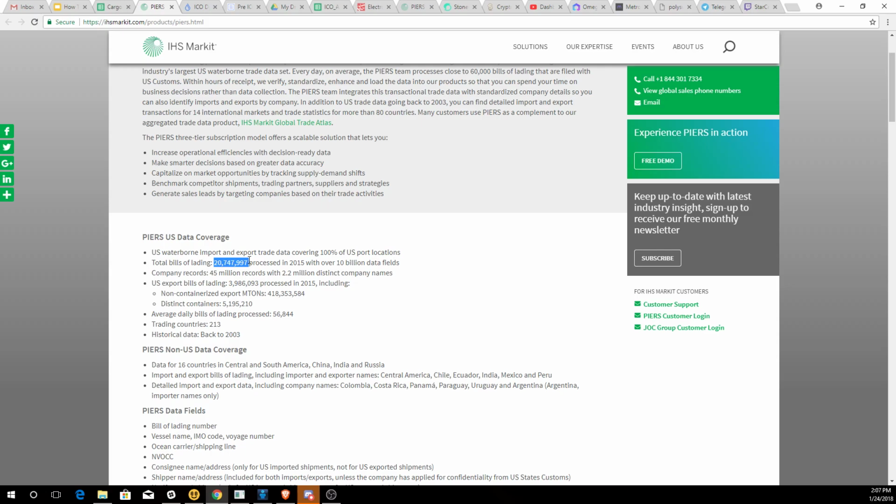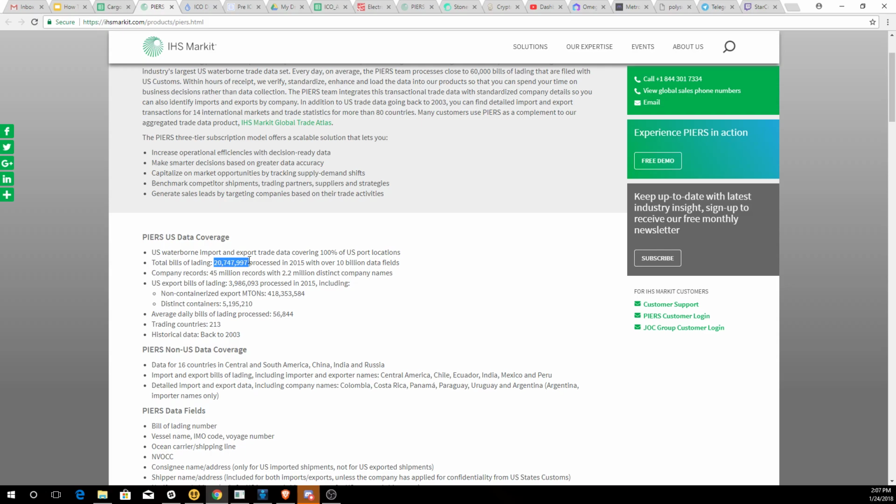That's roughly $2.5 billion if you go by a $100 calculation per bill of lading. That's in the US alone in 2015. So you can probably bet that that number has increased because it's 2018 now. And on top of that, you can probably double it for the rest of the world. So 2.5 billion to 5 billion now. Now you have CargoX trying to take on a $5 billion industry.